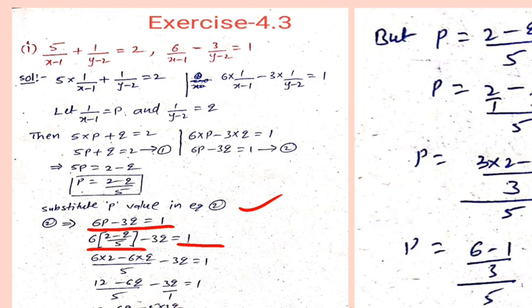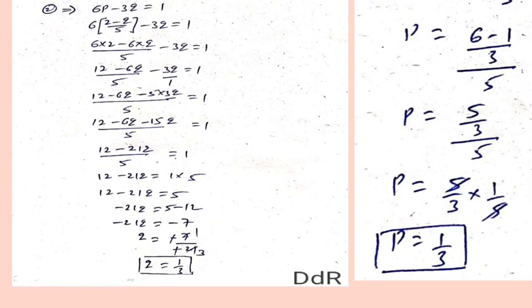Now multiplying 6 inside: 6 into 2 is 12, 6 into q by 5 is 6q by 5, minus 3q equal to 1. Now take the LCM of 5 comma 1. The LCM is 5. So finally 12 minus 21q by 5 equal to 1. To get the q value, first 5 transposes to the RHS side.